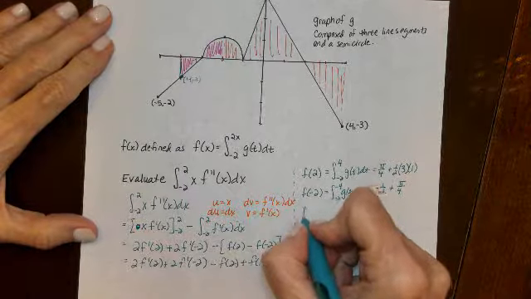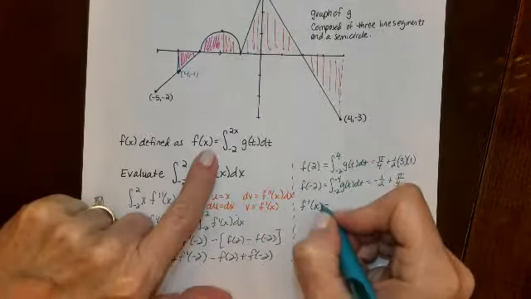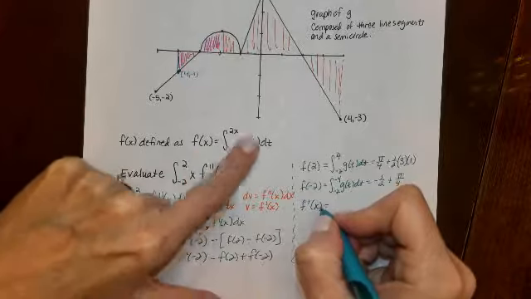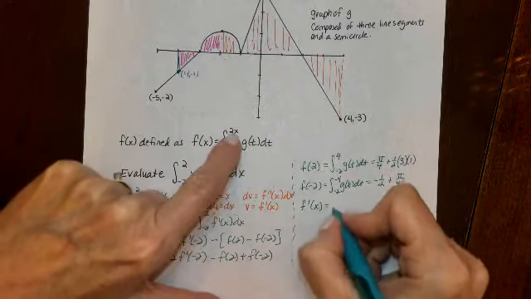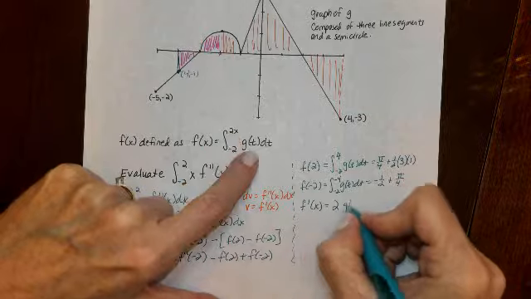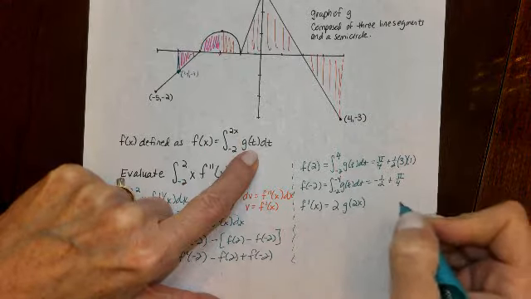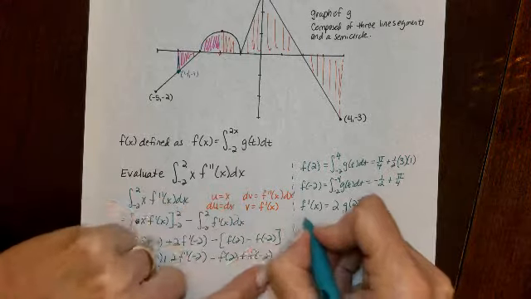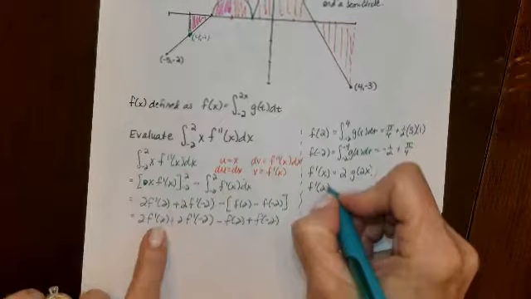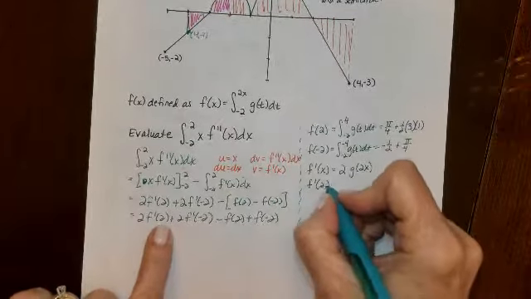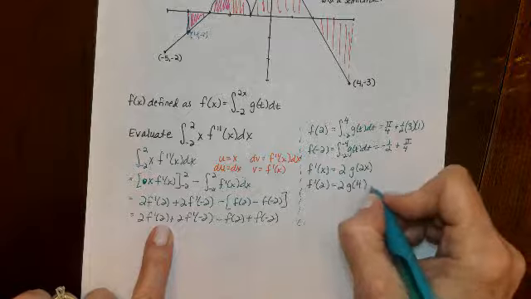Now for f prime. For f prime of x, the derivative of this integral, don't forget to take the derivative of that 2x, 2, and then replace the t with 2x. So f prime of 2, which we need, will be 2g of 4, right?